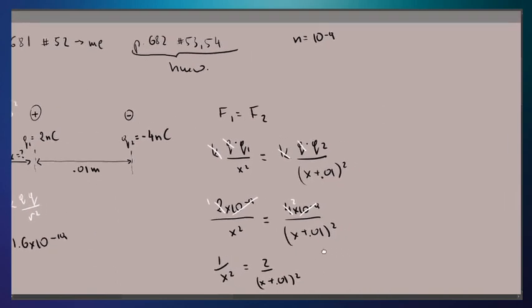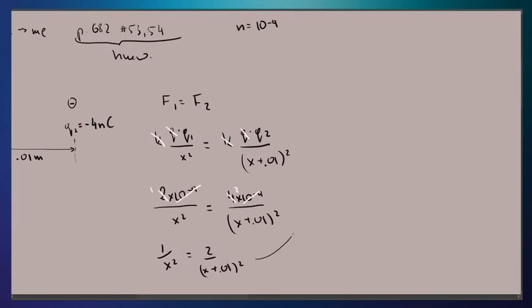Alright, so let's finish this. Cross multiply, so 2x squared equals x plus 0.01 squared, take the square root of both sides. The square root of 2 is I think 1.4. Let me double check that before I write this.